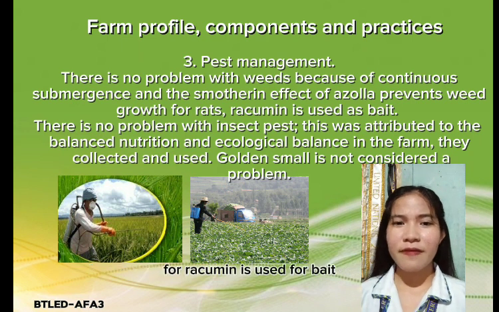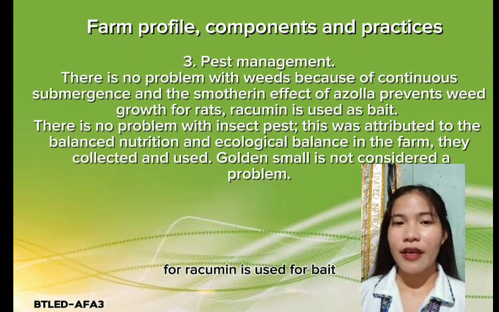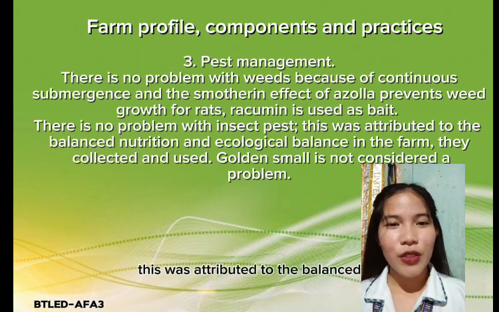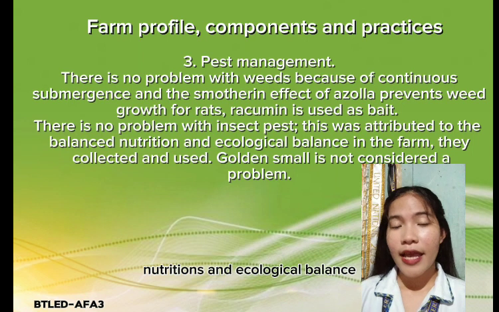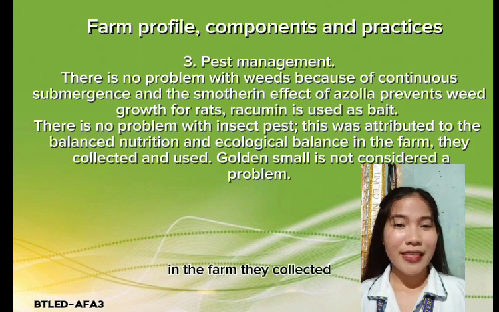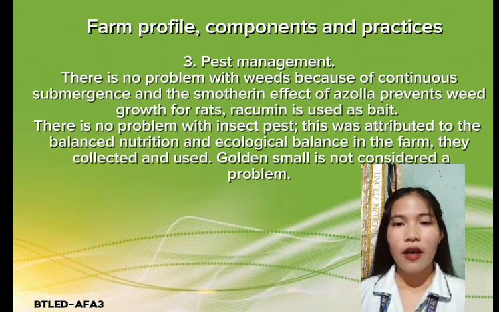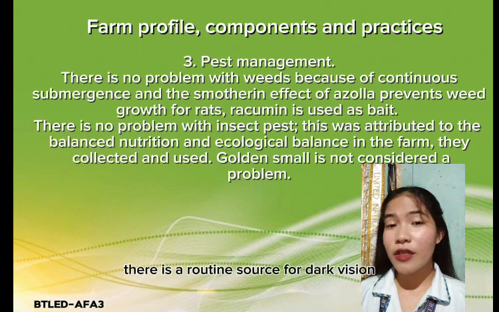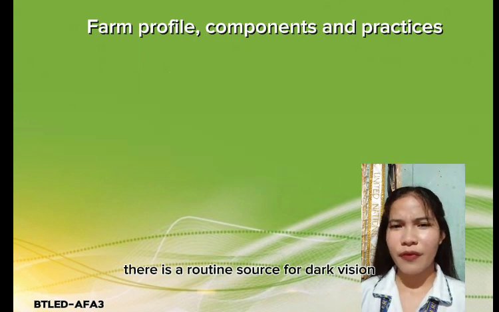For rats, rat poison is used for bait. There is no problem with insect pests. This was attributed to balanced nutrition and ecological balance in the farm. They are collected and also used. Golden snail is not considered a problem. They are a protein source for the duck ration.